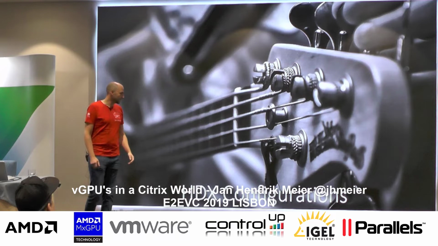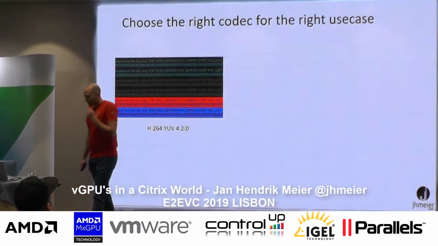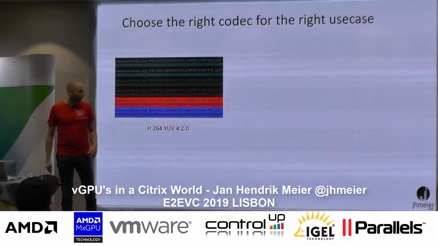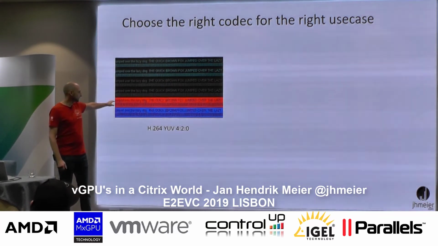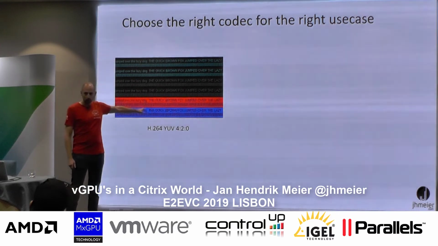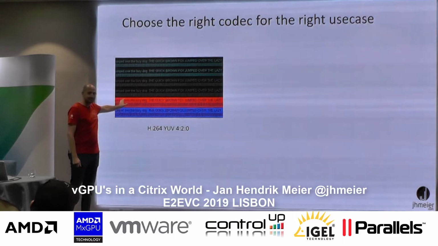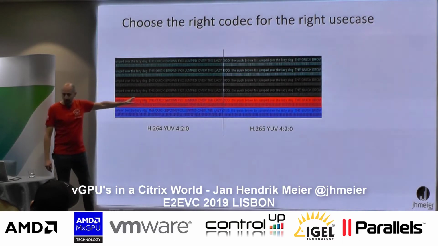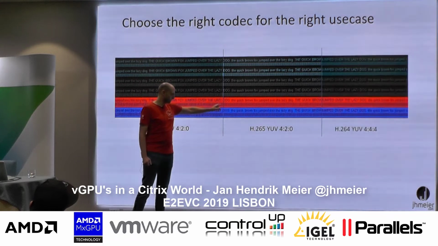Next to that, we have some HDX configurations. You need to choose the right codec for the right use case. I really love these pictures with the different colors, because you can see with H.264 4:2:0 mode, it's like blue on red, it's really not readable. If you change it to H.265, it's much better.